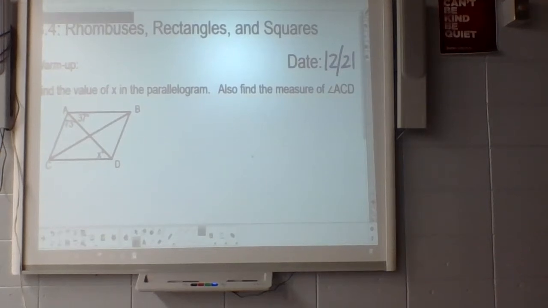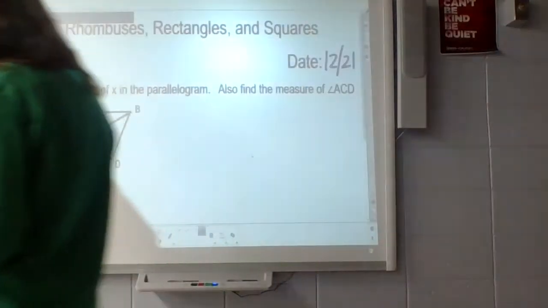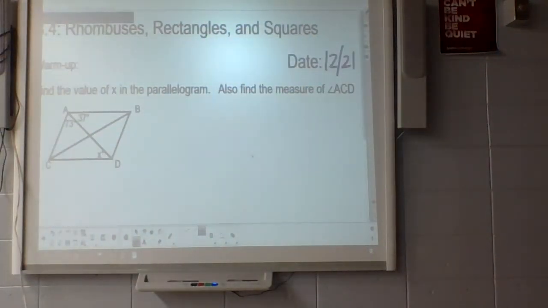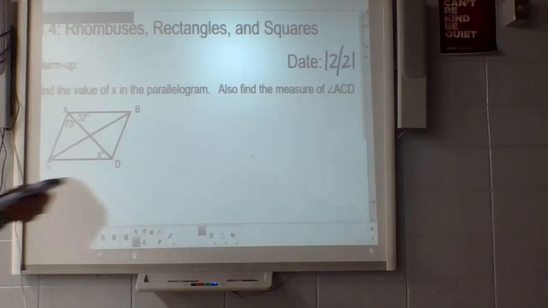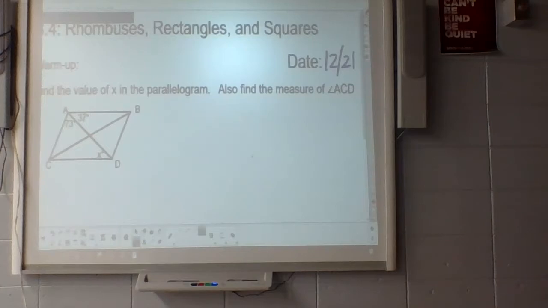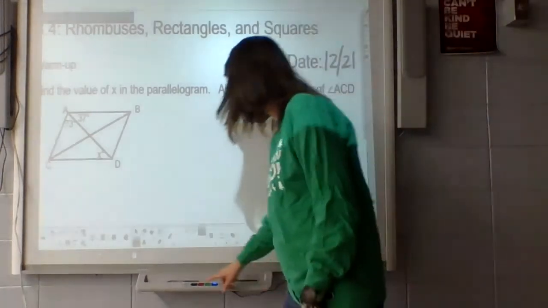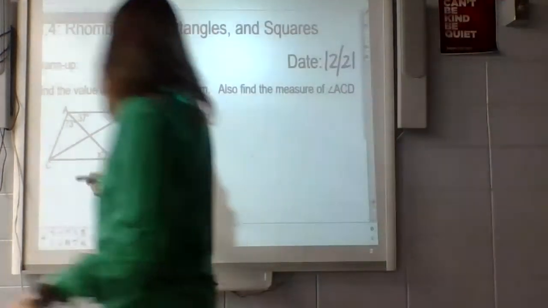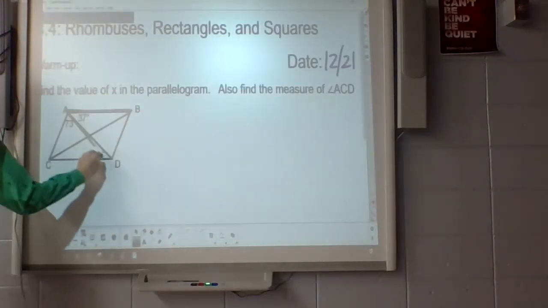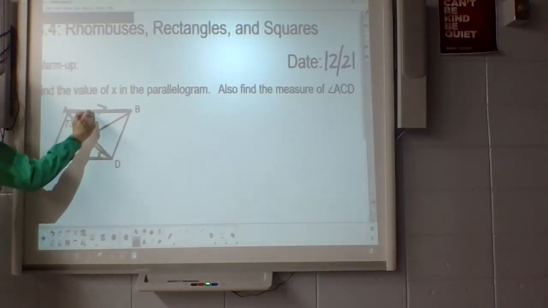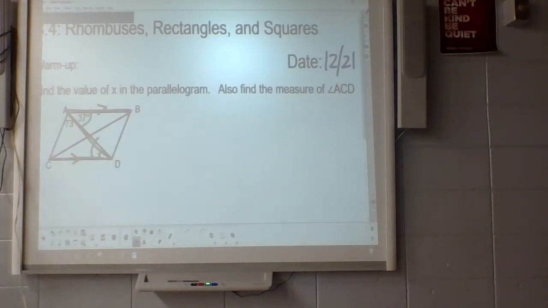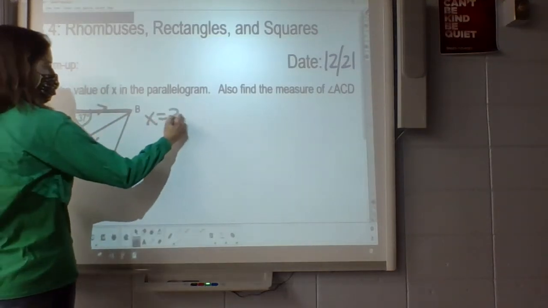So we actually have alternate interior angles there. What's the value of x in this case? 37, because we have those alternate interior angles. Since those lines are parallel, these two angles are the same. So x just has to be 37.